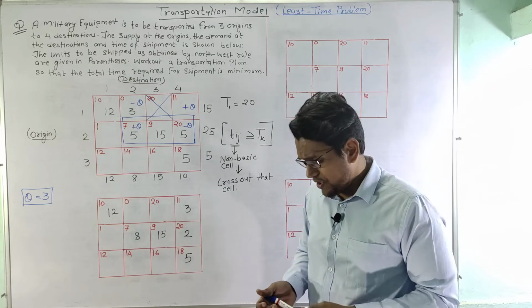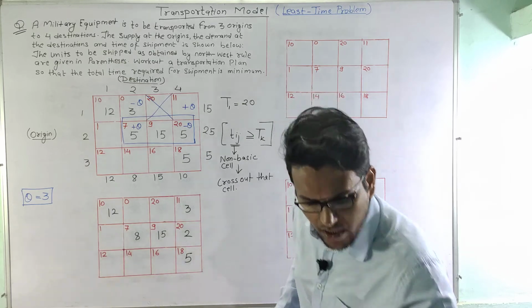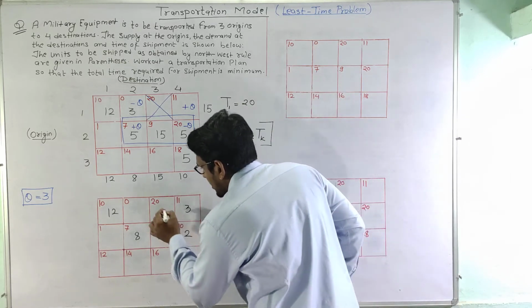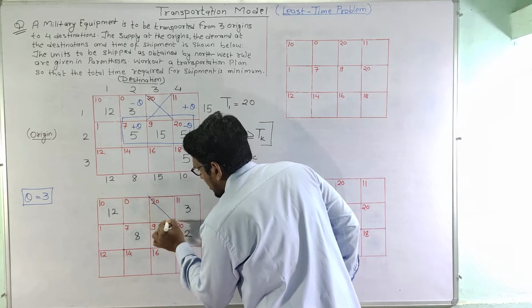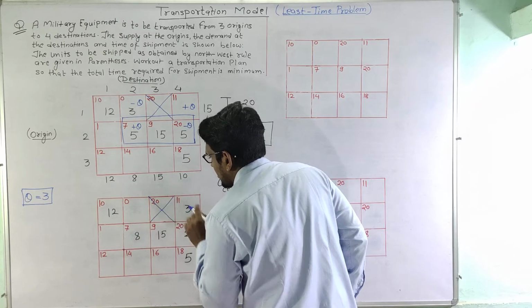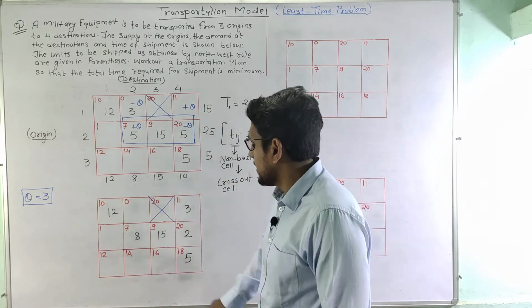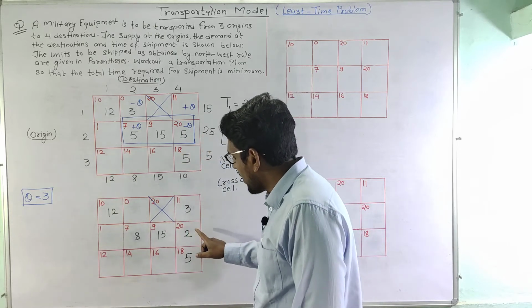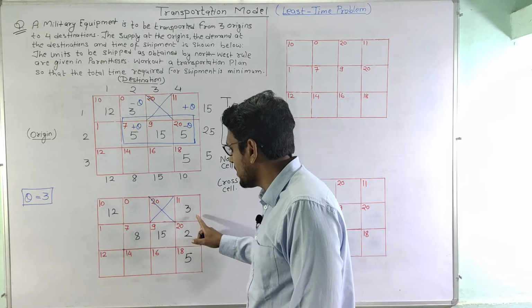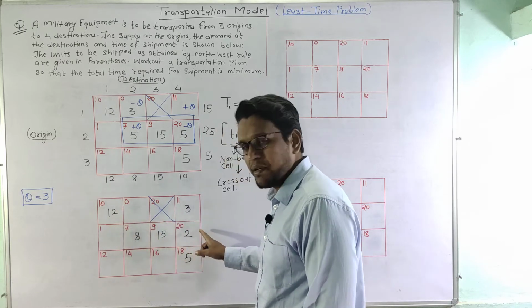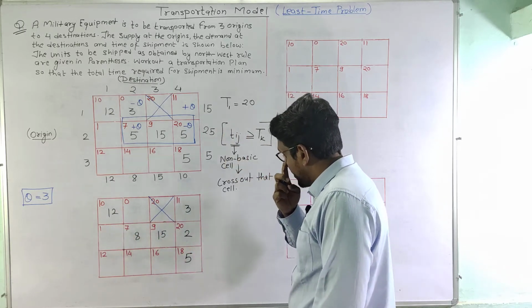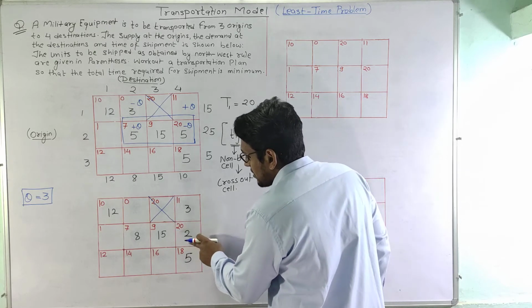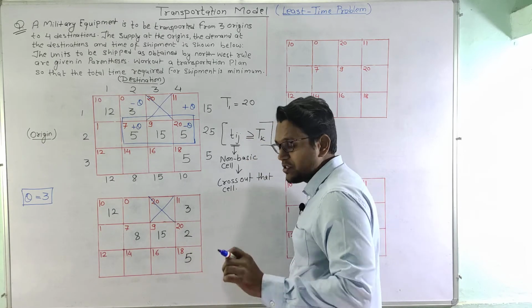So again what we require is, so here this cell has already been crossed out. So now I will again try to do the same thing. If I will be able to make a loop here, I will definitely make a loop, and we will try to reduce this value to 0.